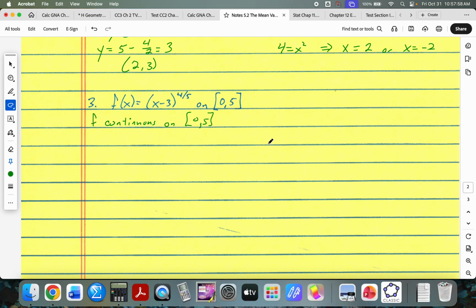Yes. Yeah, we can take the fifth root of any real number, positive or negative, right? It's with even roots that we have troubles if we want to remain within the real numbers. So that's a yes.